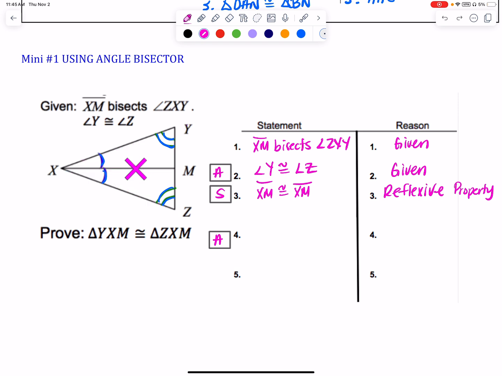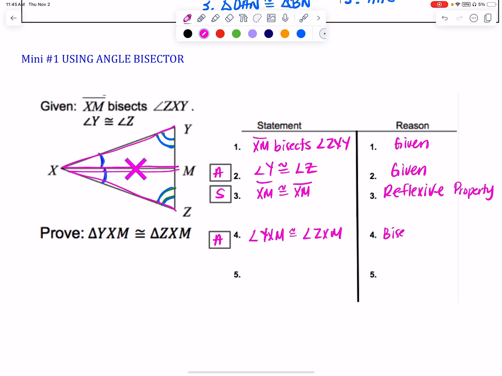And our last angle is angle YXM is congruent to ZXM. Why?